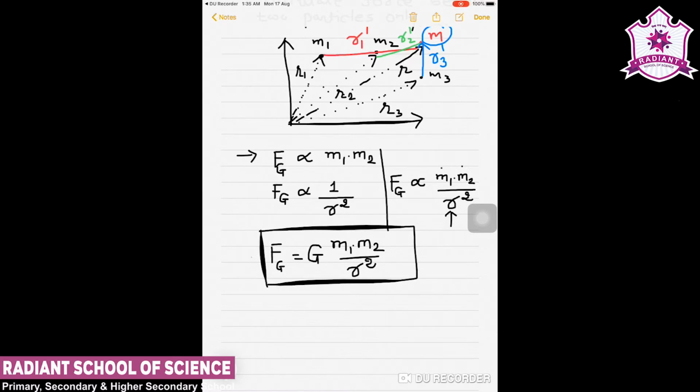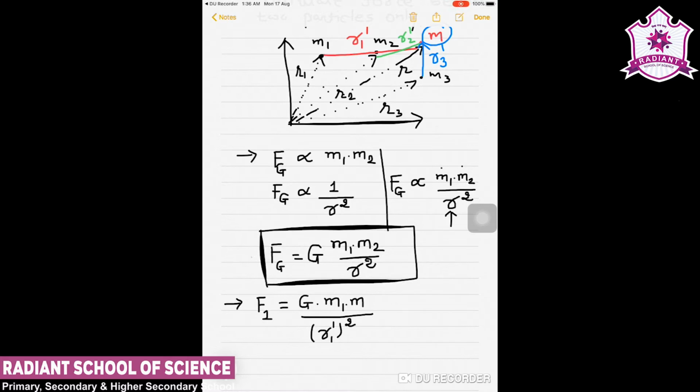So here this distance r is actually the distance between two particles. So suppose I want to find the force between m1 and m, I give it the name F1, it is equal to G m1 m over r1 dash square. I have named the distance r1 dash, so it is r1 dash square.